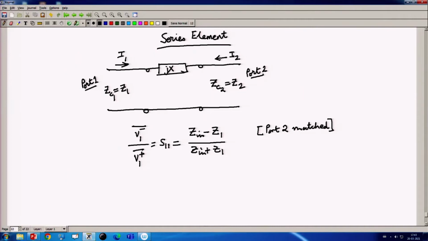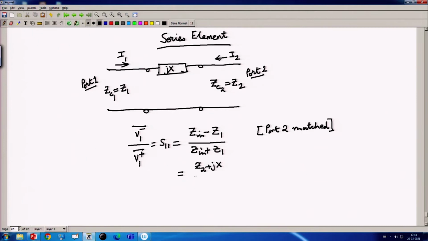Okay. So, this Zin will be equal to Z2 plus jX, because it is the impedance looking towards the right hand side from this port.